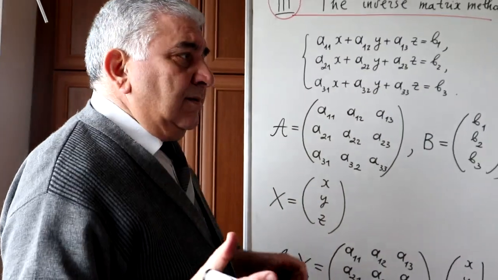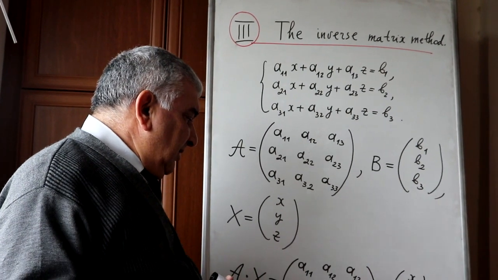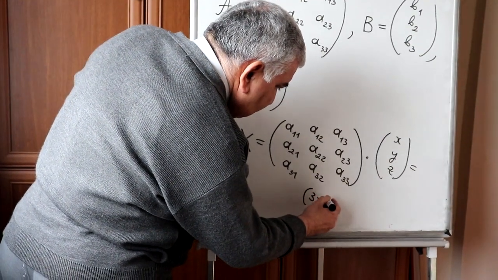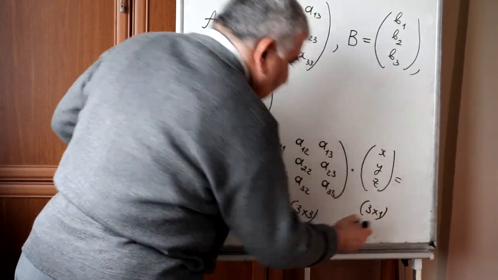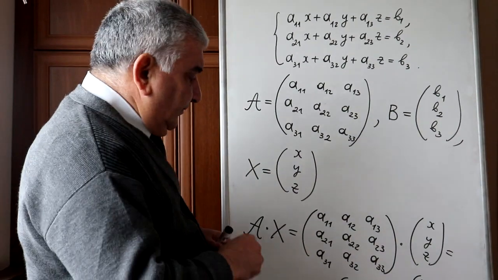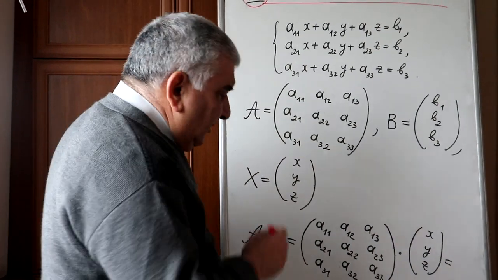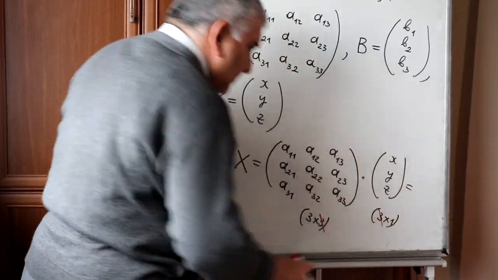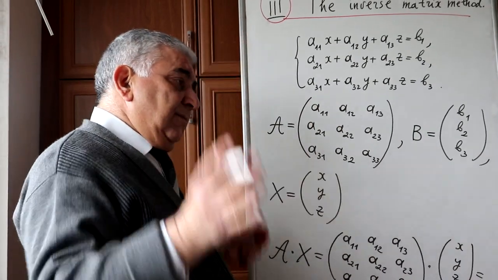Remember the multiplication rule of matrices. The dimensions of the left matrix are 3 by 3, and the dimensions of the right matrix are 3 by 1. According to the multiplication rule, we must delete the middle equal dimensions, and the rest of the dimensions will be the dimension of the product.